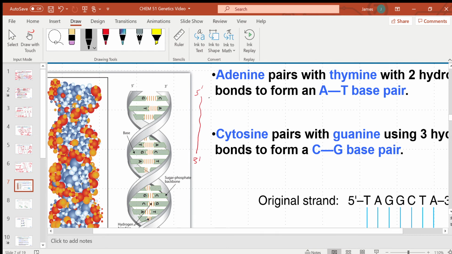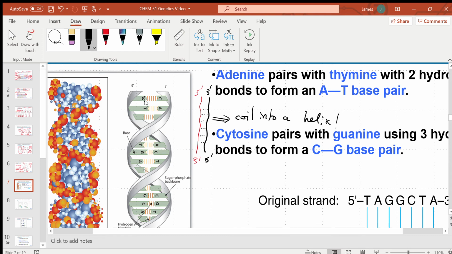And then alongside we'd have the 3' end of another strand and the 5' end of another strand. And there'd be hydrogen bonding interactions between them. And then you just coil into a helix.